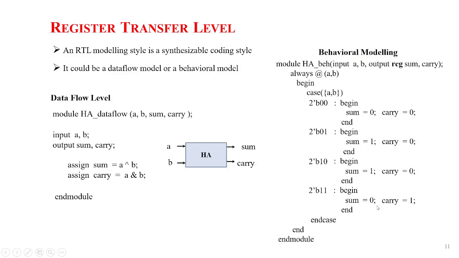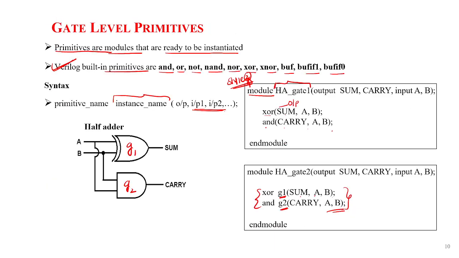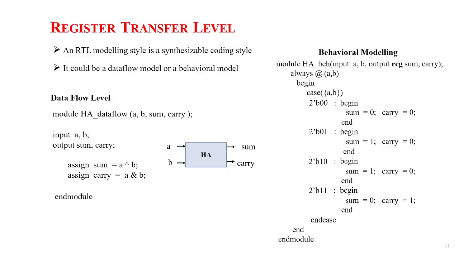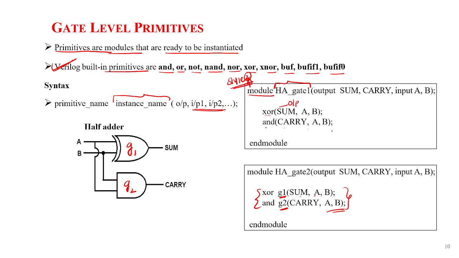Suppose data flow modeling, how can I write it for the same half adder? Module, what is my module name? HA underscore gate.